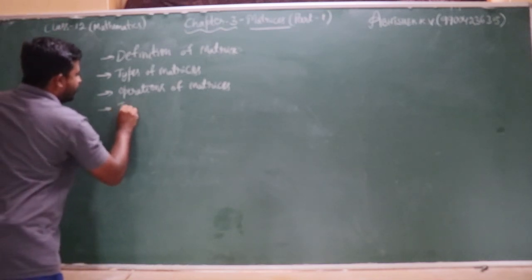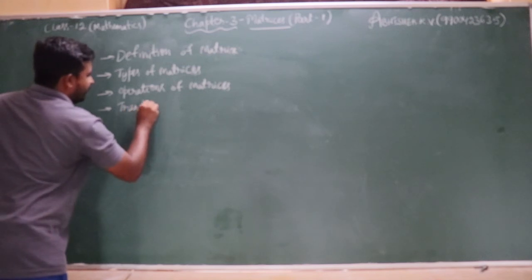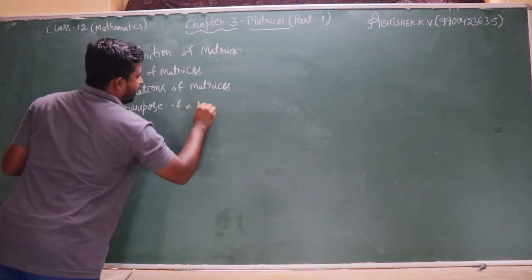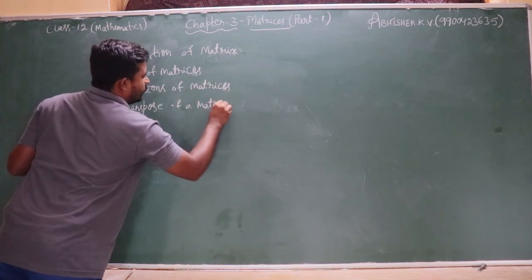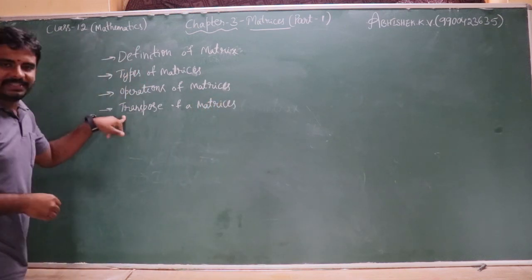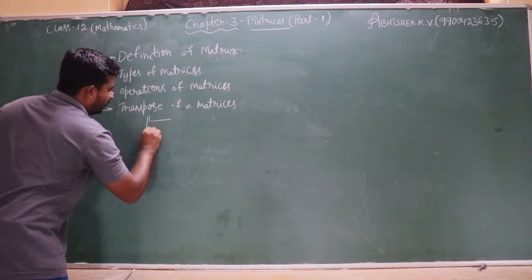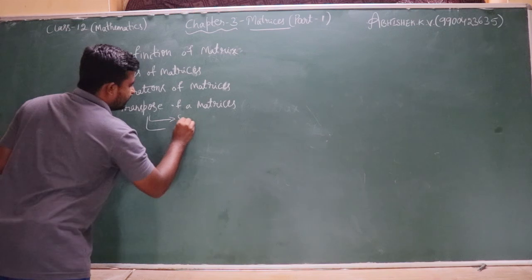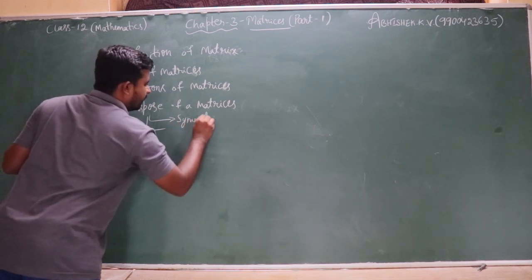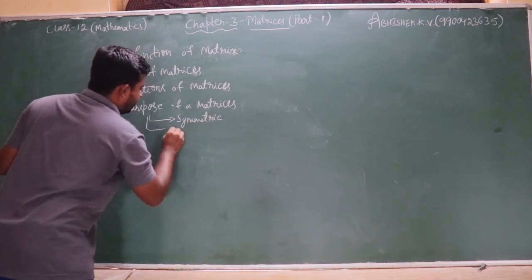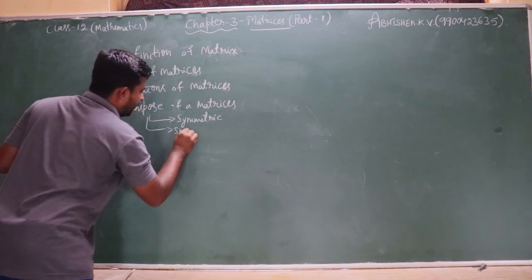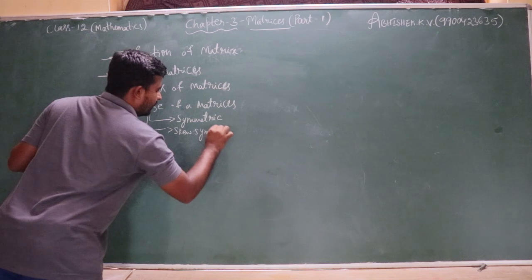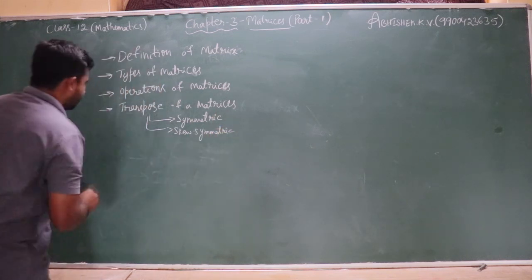Then the transpose of a matrix. Using this definition, we are going to define another important type, that is symmetric and skew symmetric matrix.